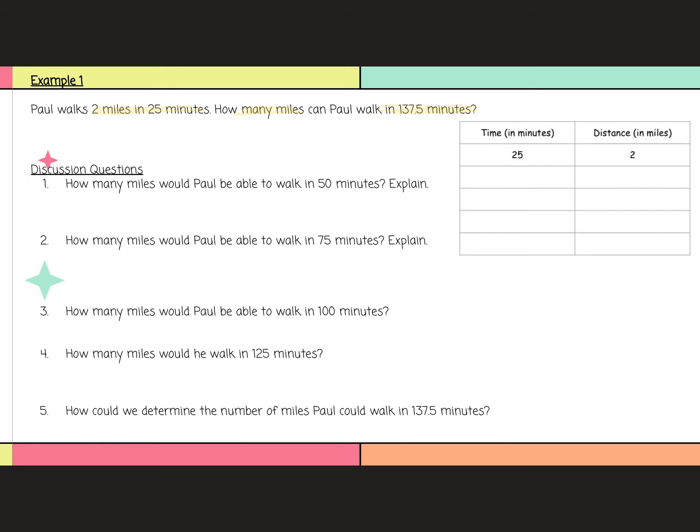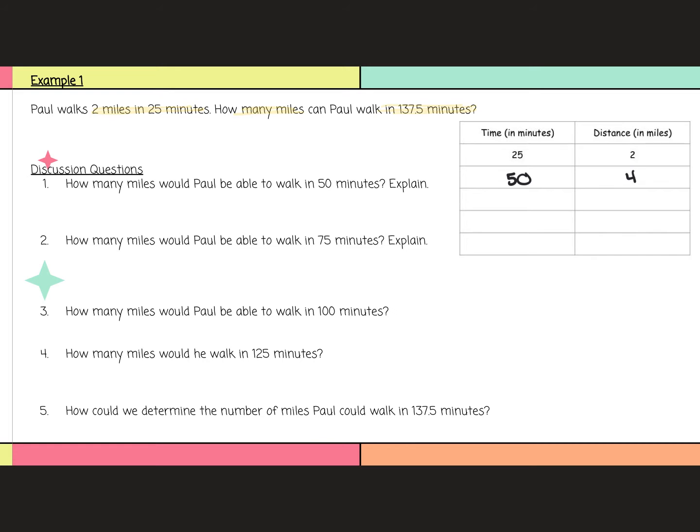Let's look at the table and also answer the question. We'll fill in the table as we answer the questions. It says, how many miles would Paul be able to walk in 50 minutes? We can see in 25 minutes he walks 2 miles. In 50 minutes, that would be 4 miles. Our explanation is that 50 is double 25, therefore the distance doubles.